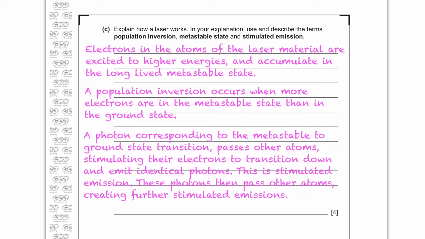So we're exciting the electrons, they're accumulating in the metastable state. Population inversion occurs when there's more electrons in the metastable state than in the ground state, and then we get some photon that has been spontaneously emitted, passing these excited electron atoms, and because it's the identical photon produced by that transition, it's able to create what we call stimulated emission as it passes those atoms.